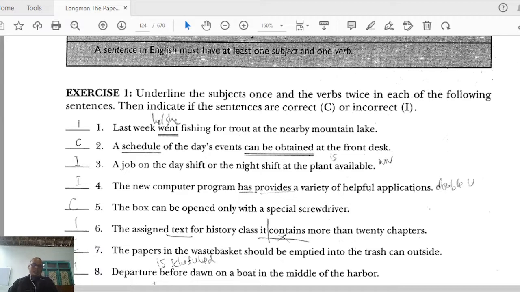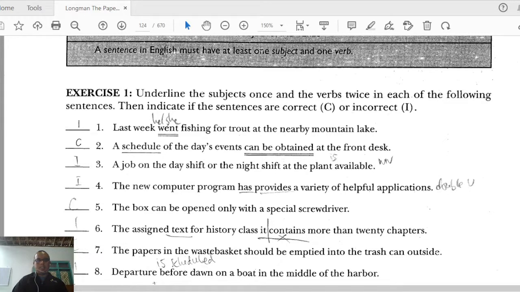Last week he or she went fishing for trout at the nearby mountain lake. So this one is underline the subject once and the verb twice. Karena ini nggak ada subjeknya ya, maka incorrect ya. Cuman ada verbnya aja.